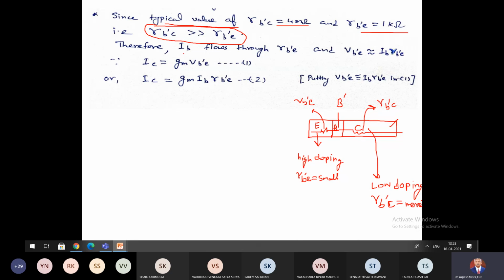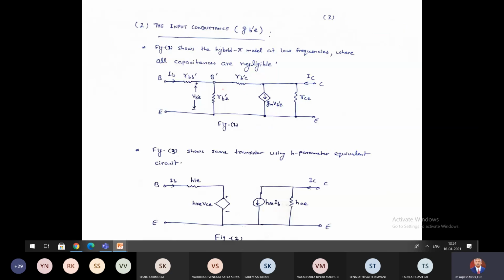Now, if this is the case, R B dash E is here and R B dash C is here. This is around 4 mega ohm, and this is around 1 kilo ohm.